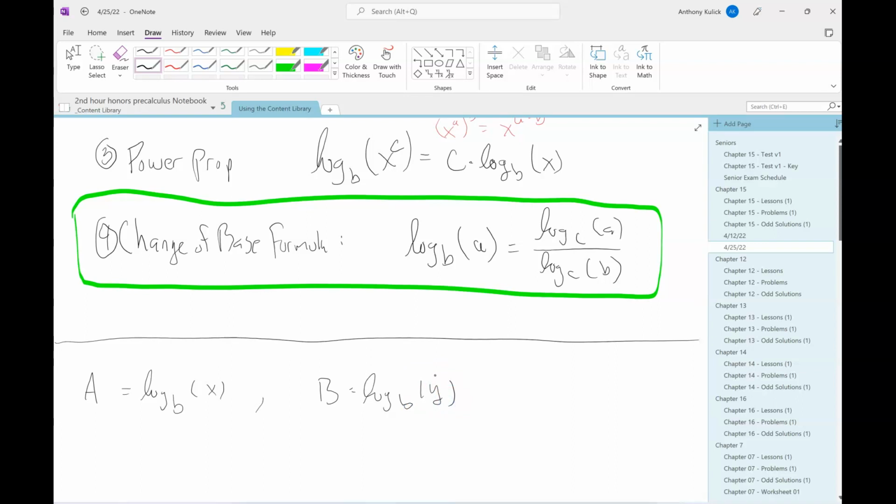I'm going to define these two values. I'm going to say a equals log base b of x, and b is equal to log base b of y.